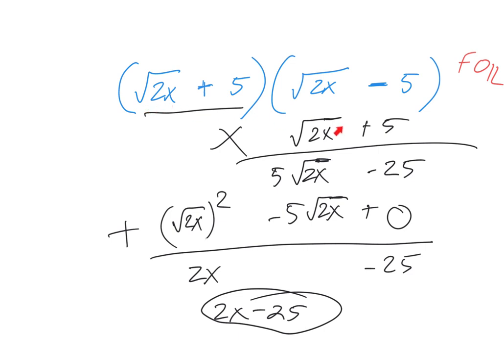If you set them up the exact same way, then these columns will stay lined up so you know which ones add together. But either way. All right, now, this looks like what we've done with difference of squares. The only difference is my final solution, this is a square, this is not.